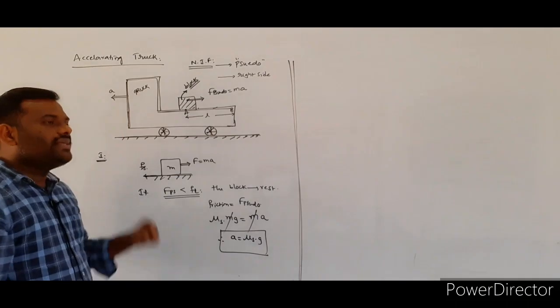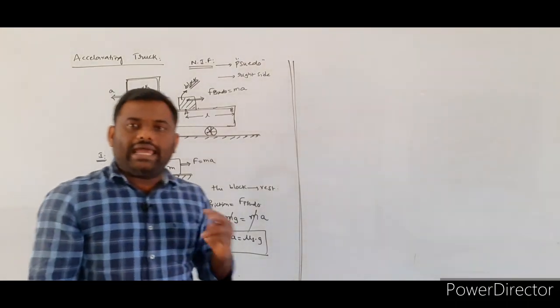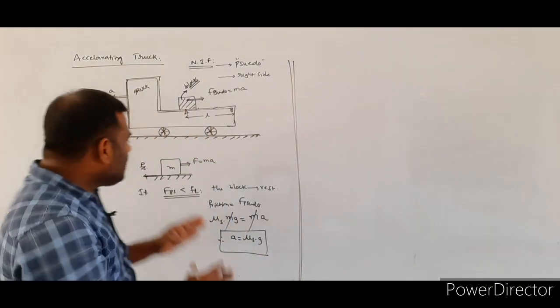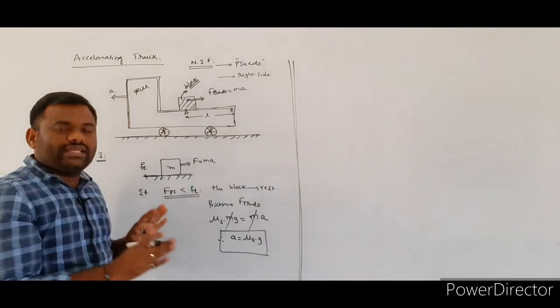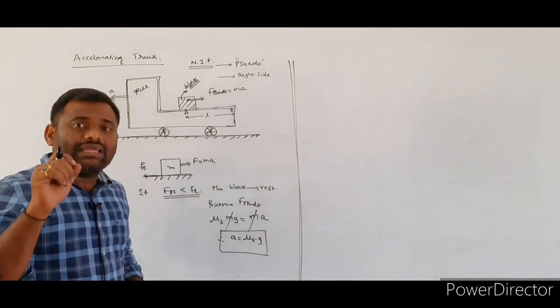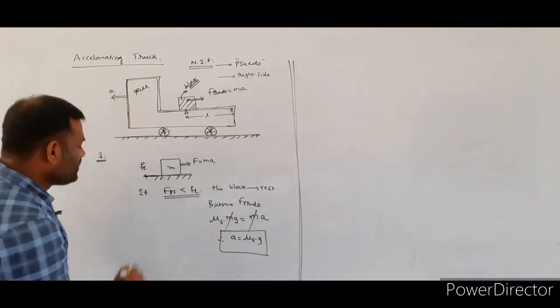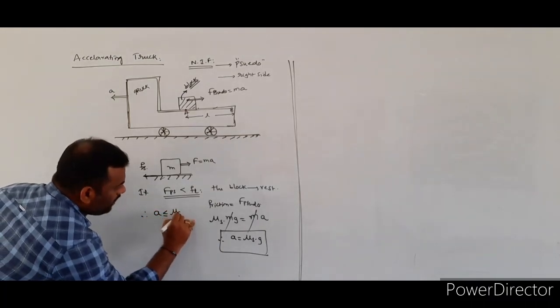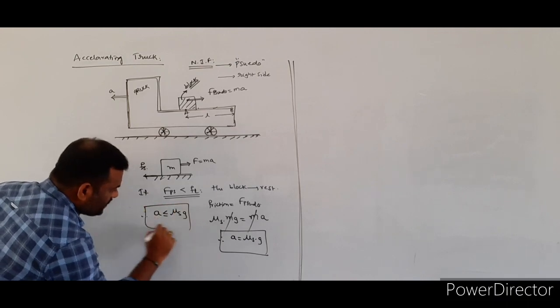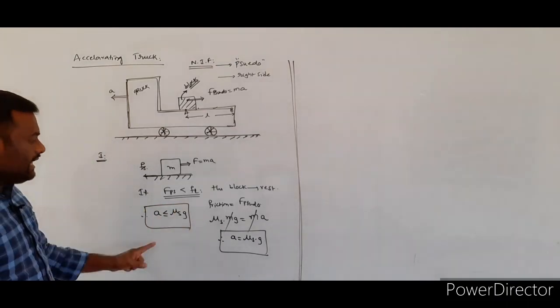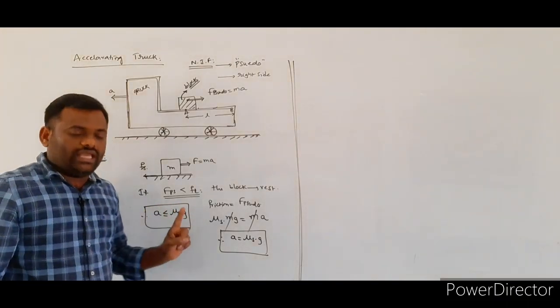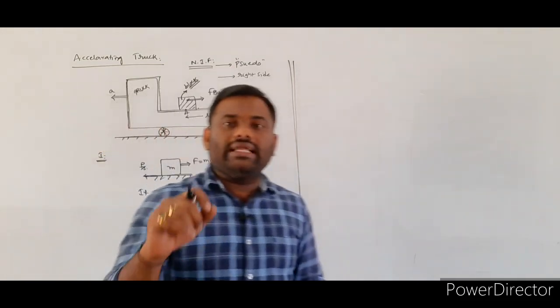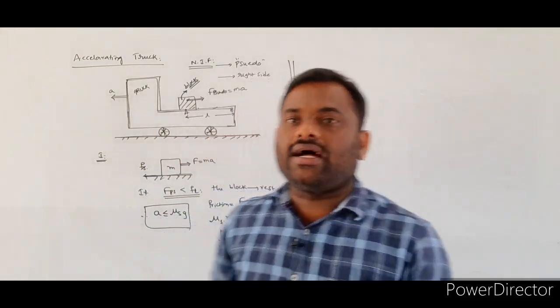Up to what time will the given block be in the state of rest? If the acceleration of the truck is less than or equal to mu s into g, up to that time the block does not slide.